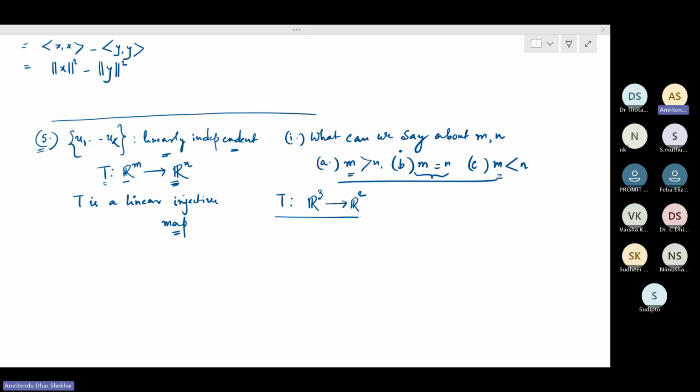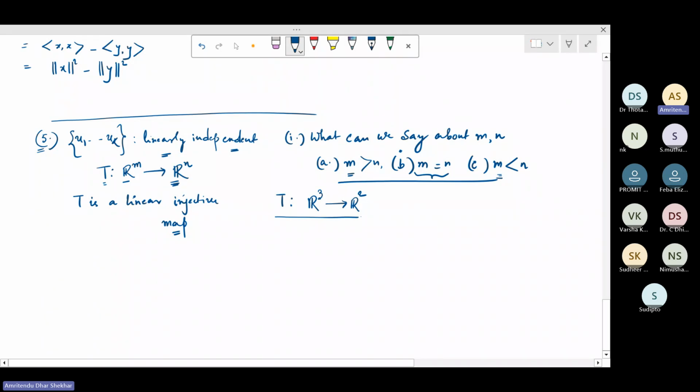The answer to that is no. Yes, I'm talking about linear maps only. When we talk about injective, it is not possible. So let's see why it is not possible.